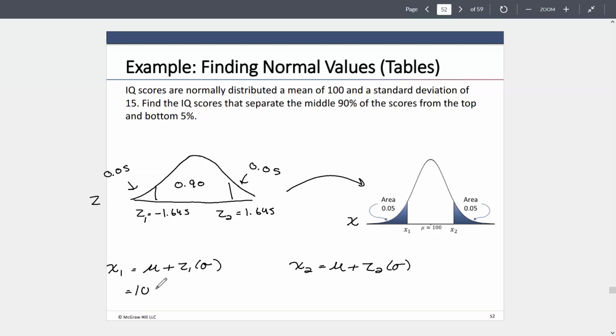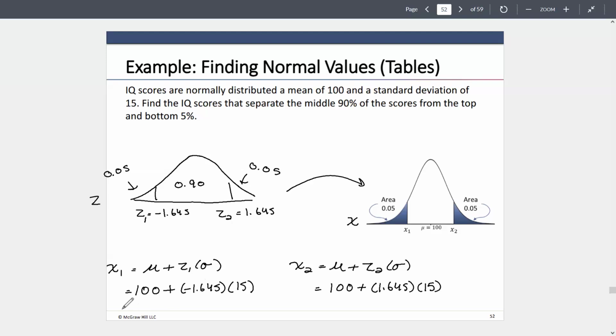So mean IQ is 100. We got a z-score of negative 1.645 times a standard deviation of 15. Over here, we have 100 plus a positive z-score of 1.645 times a standard deviation of 15. The x values are not going to be the same, one's positive, one's negative. It just happens with the z-scores.